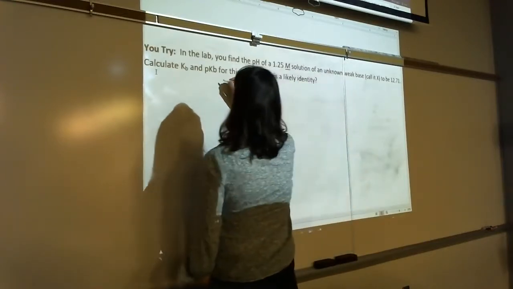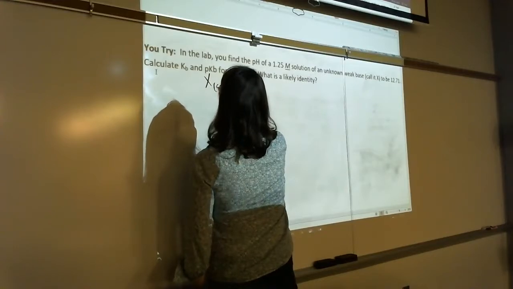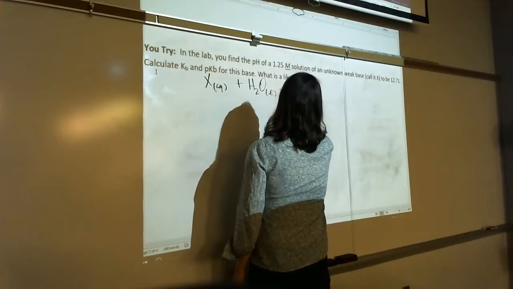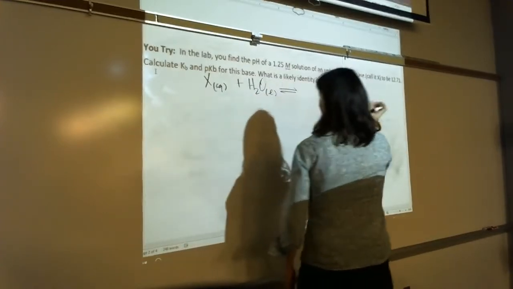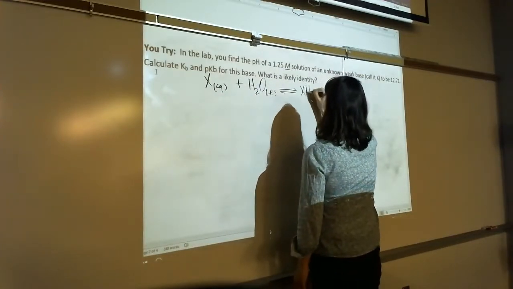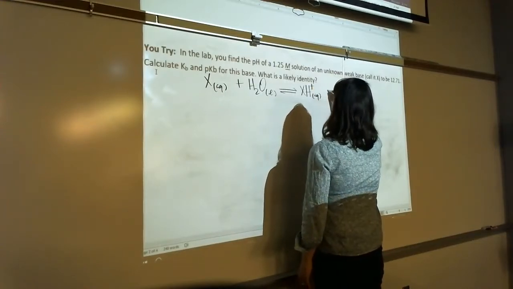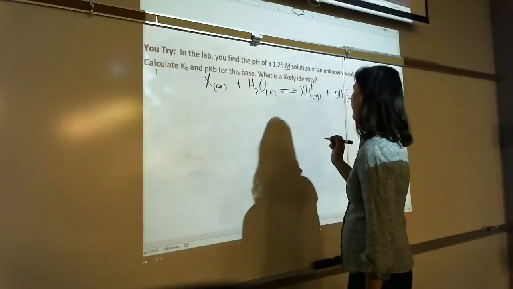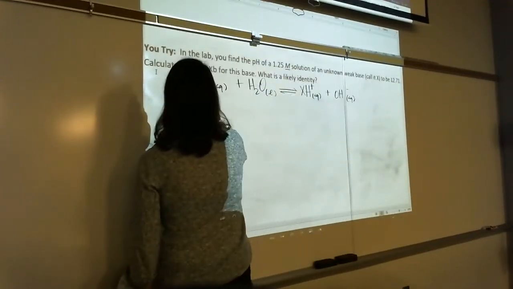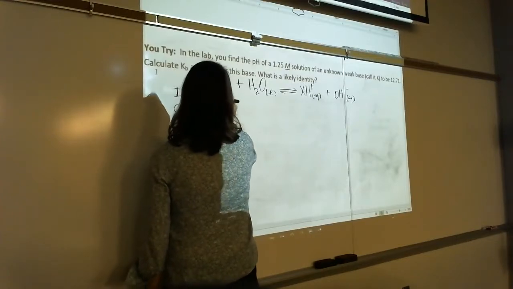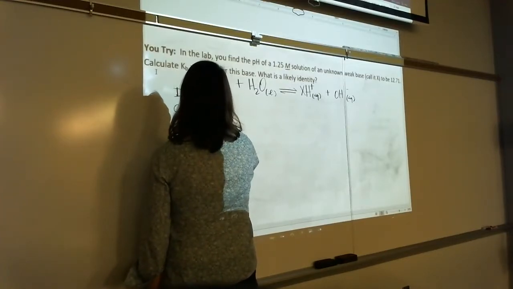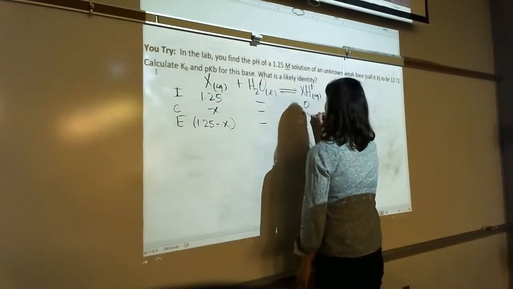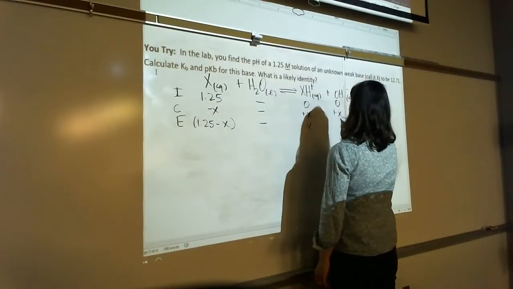So if we've got X aqueous plus H2O liquid, what is X going to become? XH plus, right? Plus OH minus. Okay, and it's 1.25 molar. 1.25 minus x, 1.25 minus x. 0 plus x, x, 0 plus x, x.